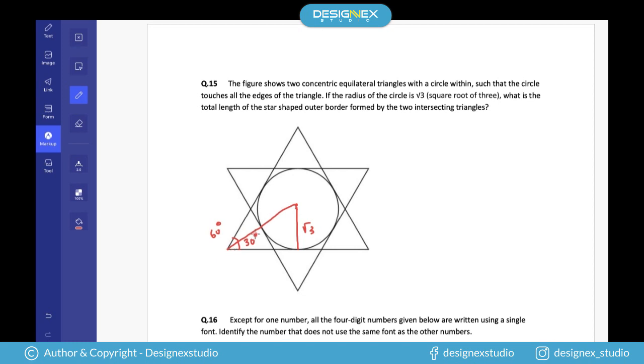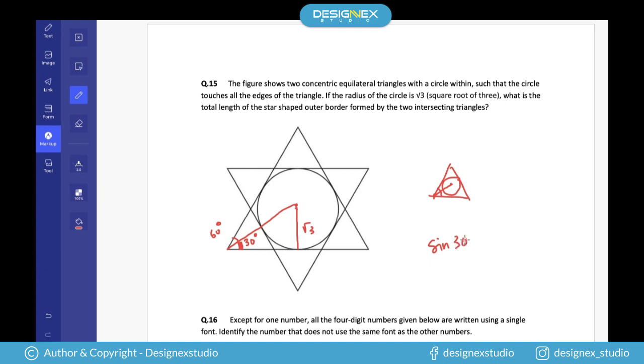If a circle is inscribed inside an equilateral triangle, then from the center, this edge will exactly cut this angle at the vertex into half. So this is 30 degree. So I can take sine of this.